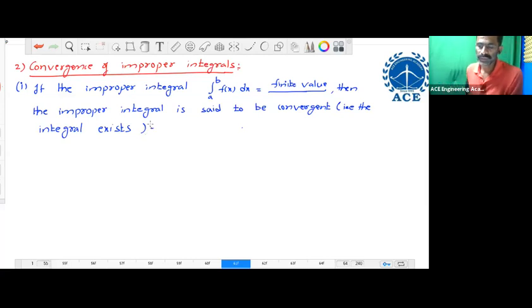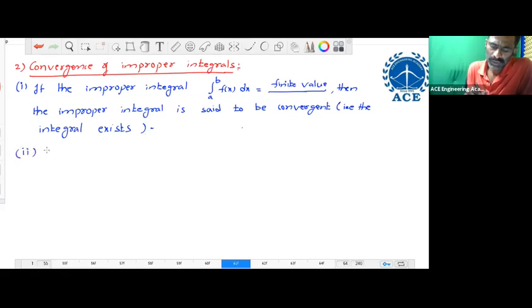So for an improper integral, after evaluation, if the value is finite, we can say that the improper integral is convergent, or the integral exists, or the integral is possible only.